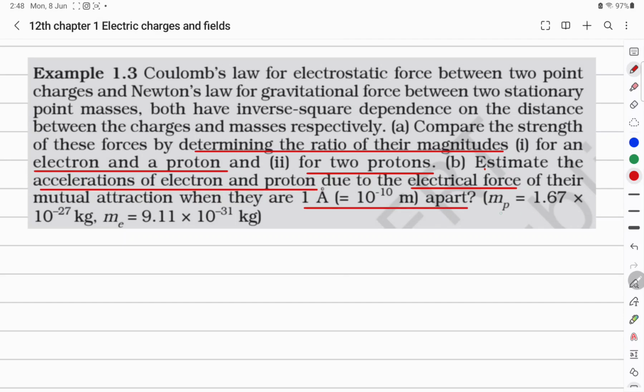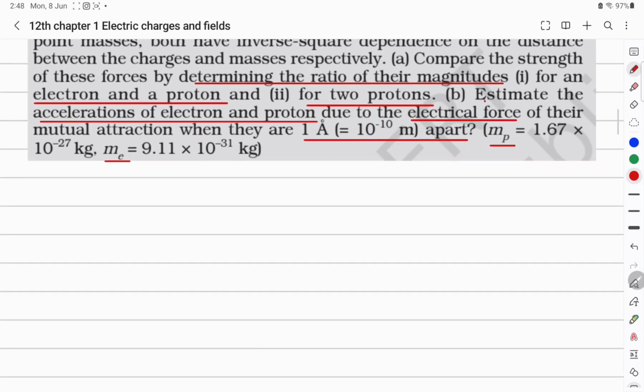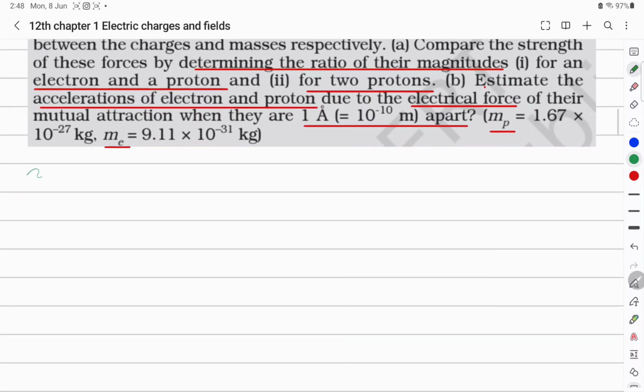So they have given the values for the mass of the proton as well as the mass of the electron. So we know that the gravitation force formula is F_g, which is equal to universal gravitation constant G m1 m2 by r square.